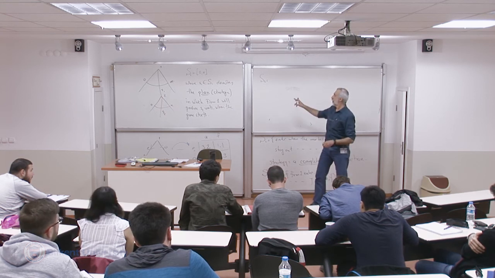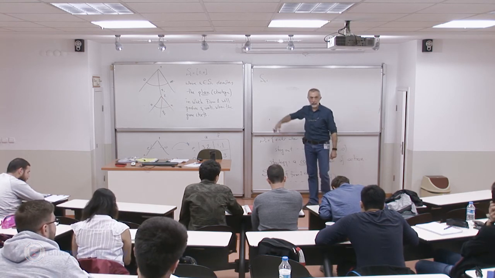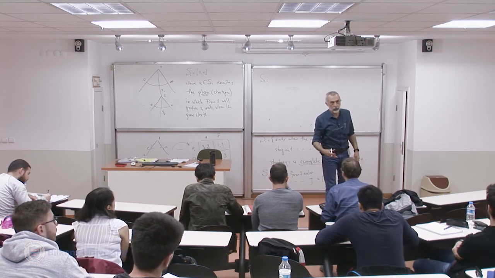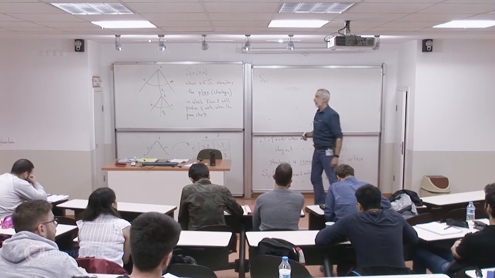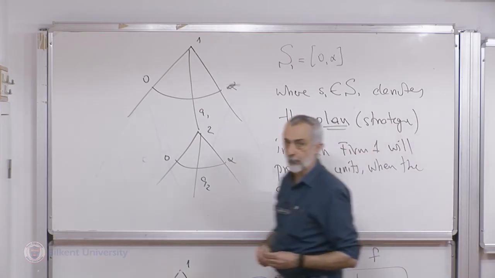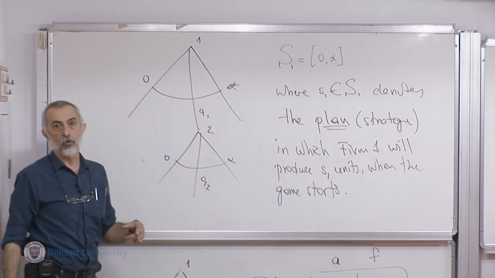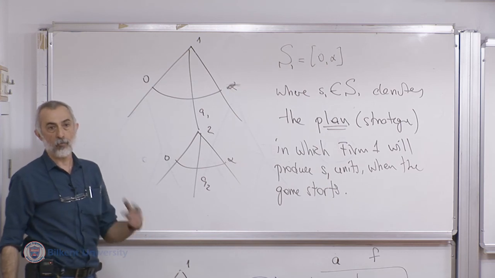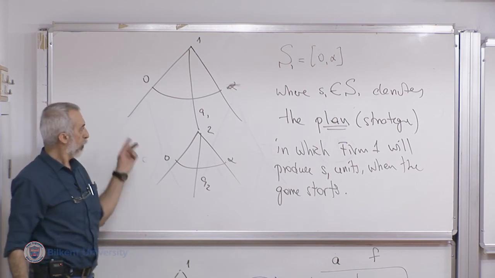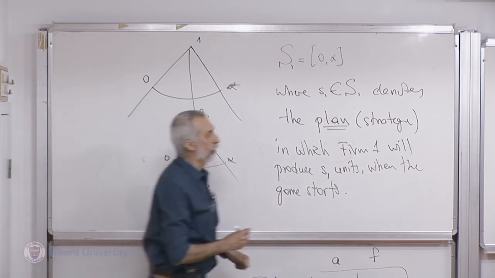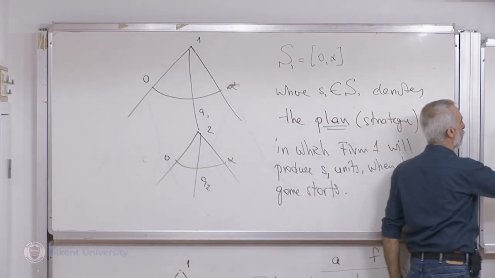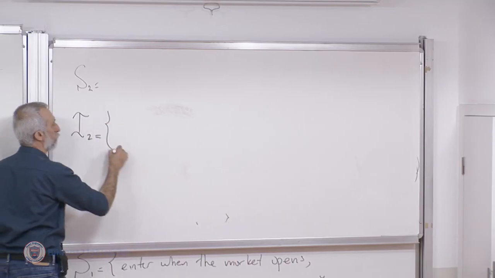Okay. So, first of all, a strategy of player 2 is a complete plan of action. That is, it's a function, a plan which tells us what agent 2 will do at each information set. Okay? So what does the information partition of player 2 consist of?